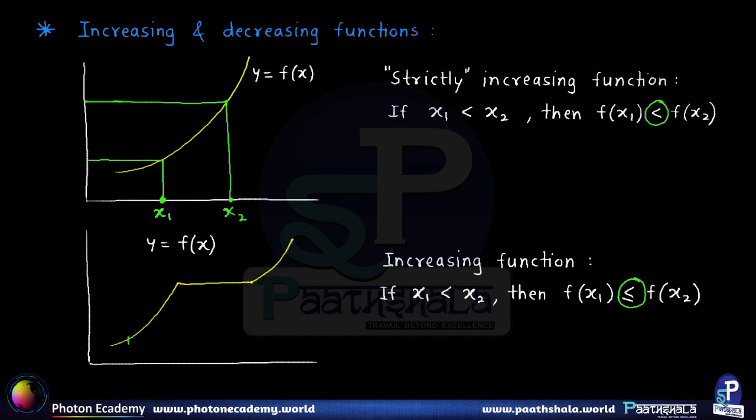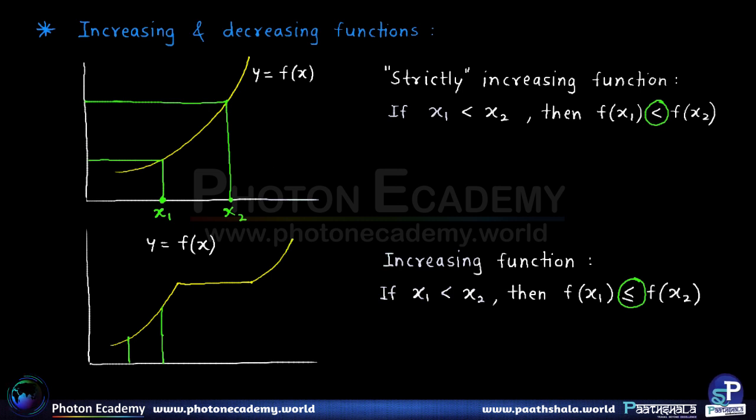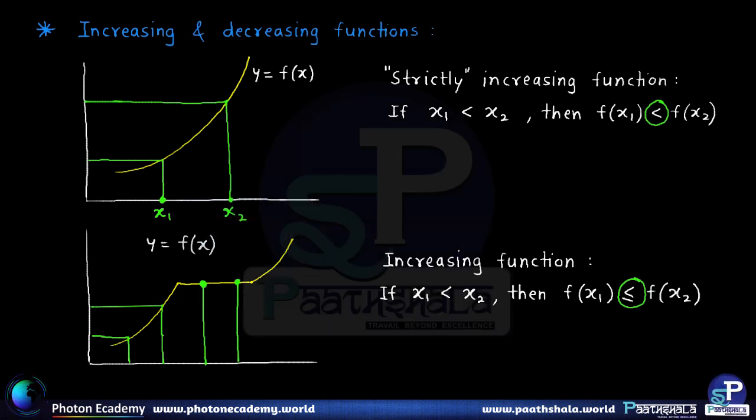Now if you consider x1 and x2 here as shown, then it has the less than inequality, correct? But if you consider x1 here and x2 also here, then at both of these points the value of the function is exactly the same. So that is where the equality holds. That is the distinction between these terminologies.